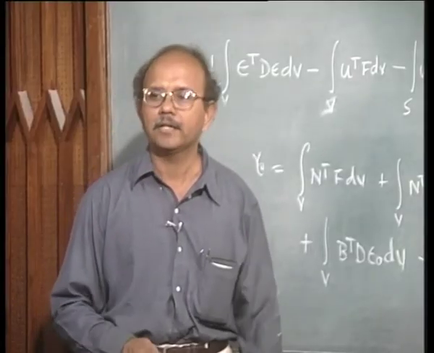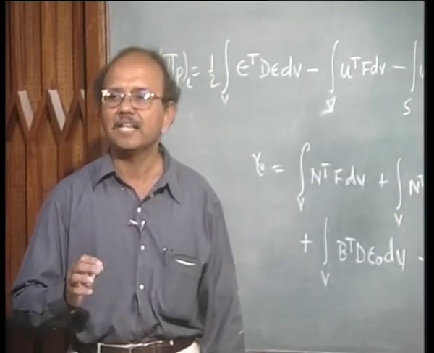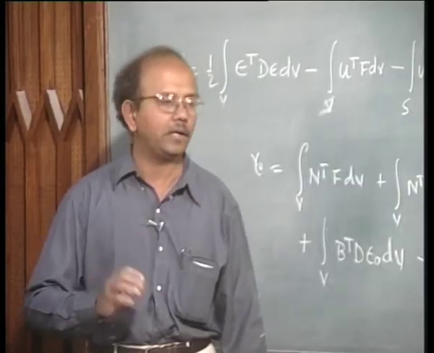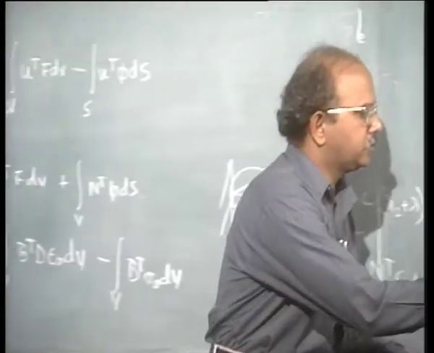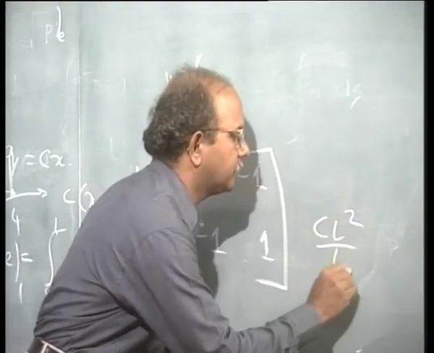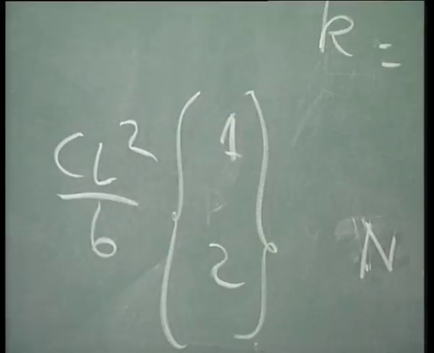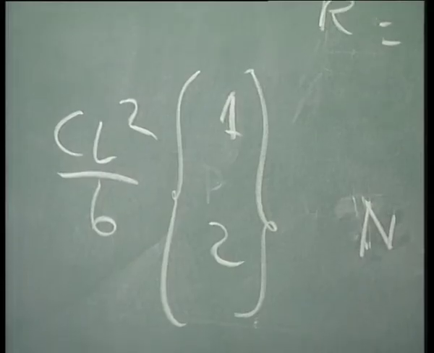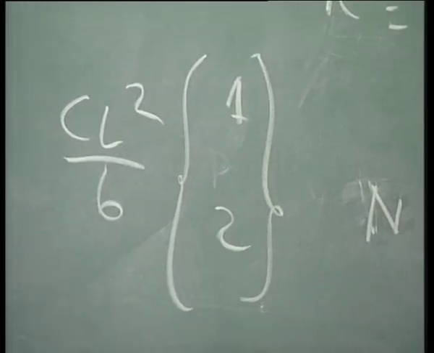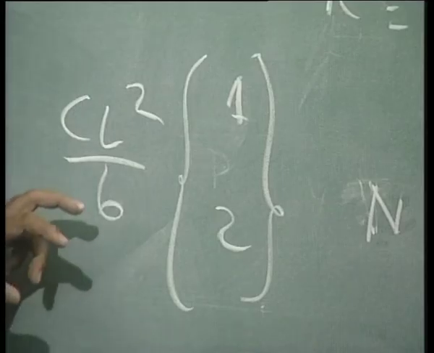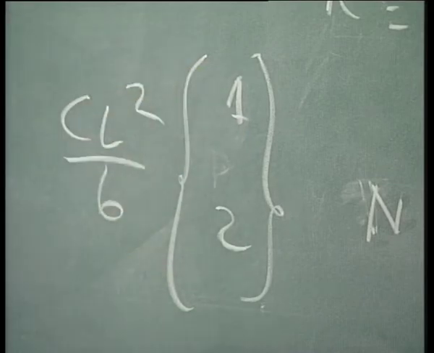So that will actually give rise to CL squared by 6, 1 and 2. That will be the RE. Please note n transpose, so it will become a 2 by 1 matrix, and so it is CL squared by 6, 1, 2.